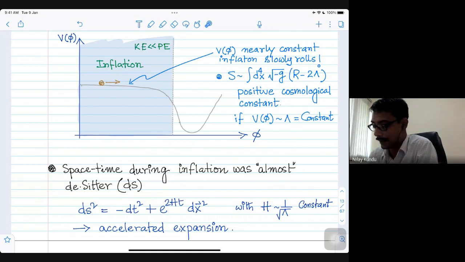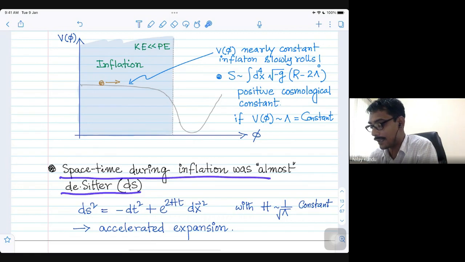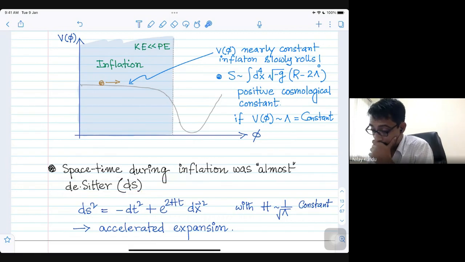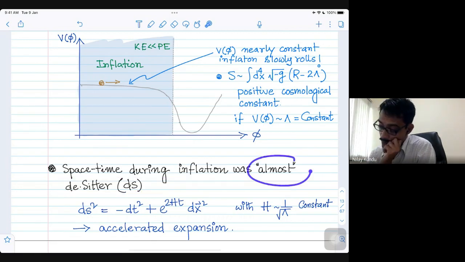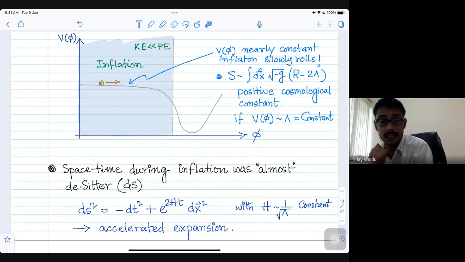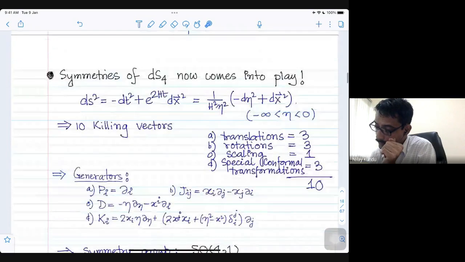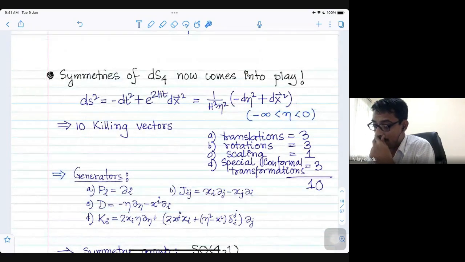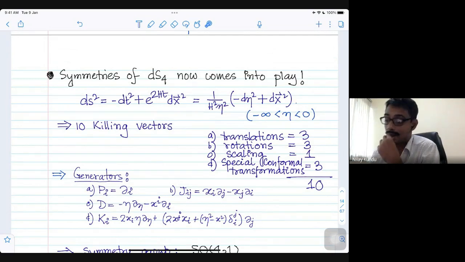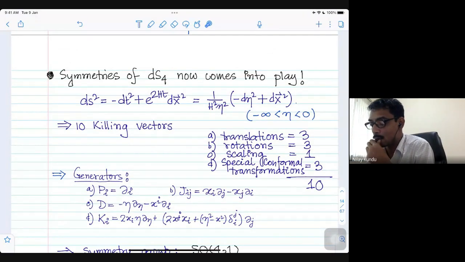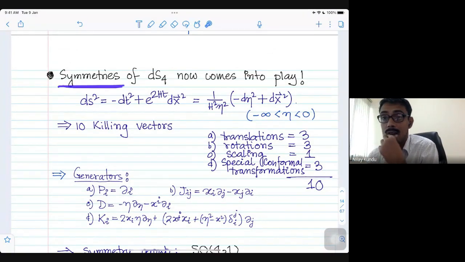So the thing that we should understand from here is that the space-time during inflation was almost de Sitter. This almost means this H was approximately constant. And therefore, we should now look at the symmetries of the de Sitter space. Now, why are we trying to do things with symmetries?